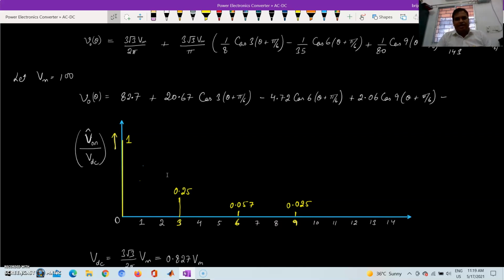Sixth harmonic peak value is 5.7% of the DC. These are the dominating AC waveforms, and that is dangerous because on the output we need only perfect pure DC. So these AC waveforms of the third and sixth harmonic need to be filtered out.